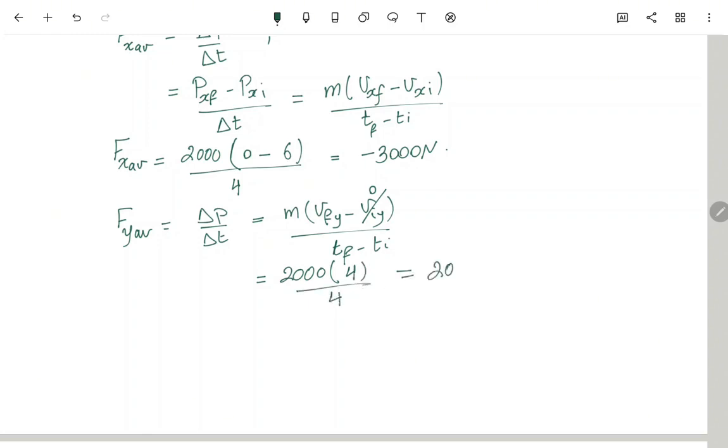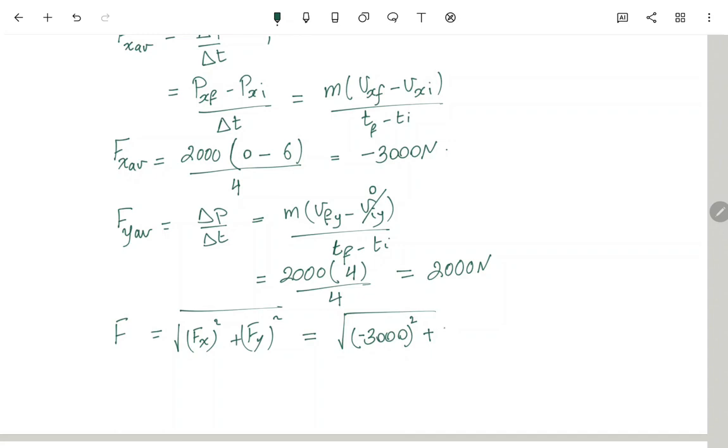After all, it's equal to 2000 newtons. Now F here is equal to the square root of Fx squared plus Fy squared, or the square root of 3000 minus, it doesn't matter actually the minus because it's squared, plus 2000 squared. So F in this case is equal to 3600 newtons.